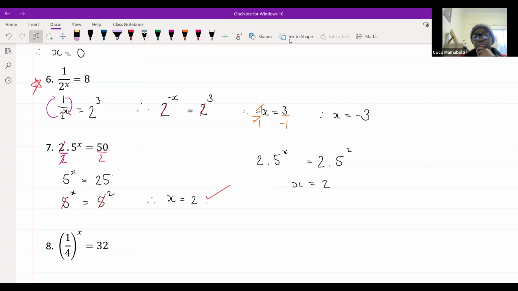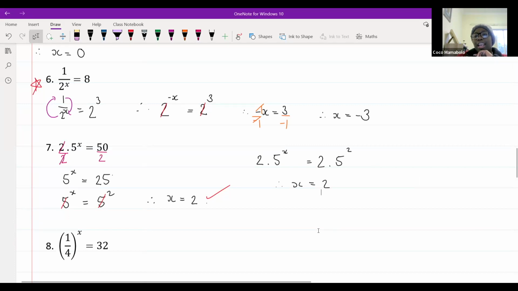I just saw, okay, there's 2 this side and that side, so they'll disappear. Then I have 5 as the exponential numbers, so I just took x down and then equated it to 2. That's absolutely correct. Yes, 100%. Both you and Sia are spot on. The mathematics is correct. Well done, both of you, for spotting that.